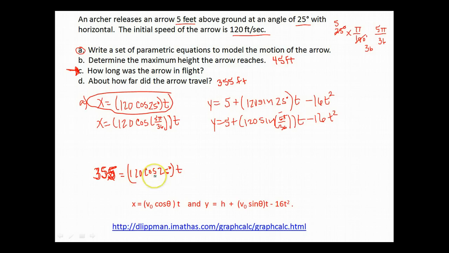So we calculate 120 times the cosine of 25. If you're using degrees, make sure your calculator's in degree mode. If you're using radians, make sure it's in radian mode.